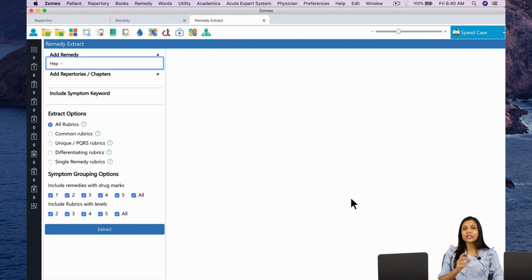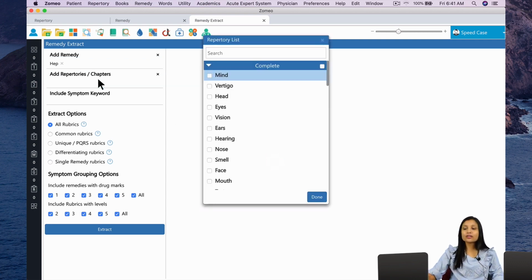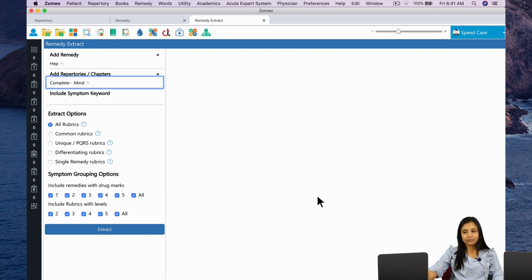Now I am specifically looking for oversensitive, and that is at the mental level. So I will be looking for the chapters of mind. So clicking on add repertories, I select the chapter mind from the complete repertory. I click done.